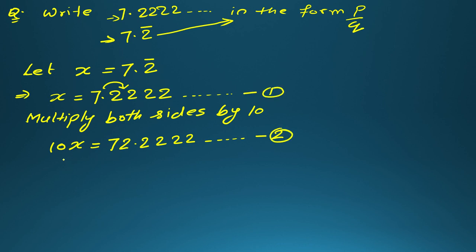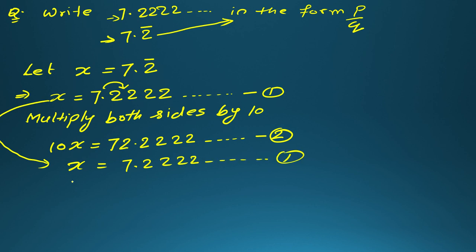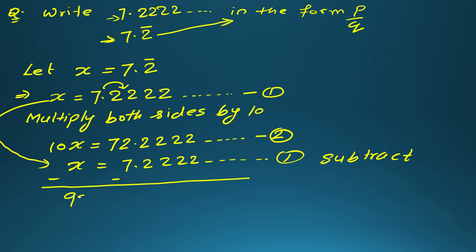So this is equation number 2 and the first one was equation number 1. Write equation number 1 again down below: x is equal to 7.2222 and so on. What we will do now is subtract. By subtraction, 10x minus x is equal to 9x.